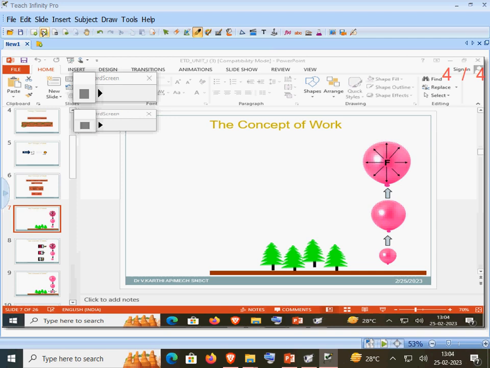Next one is the concept of work. Change in volume causes work. Work is performed when the air expands. Work of expansion occurs when a system performs work on its environment, and is positive.